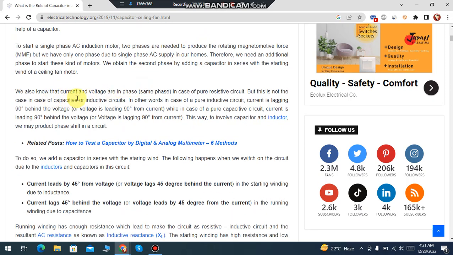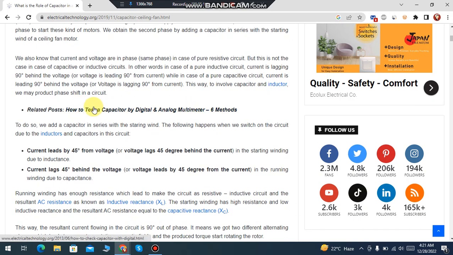We also know the current and voltage are in the same phase in the case of a pure resistive circuit, but this is not the case in capacitive and inductive circuits. In other words, in a pure inductive circuit, current lags 90 degrees behind the voltage, or the voltage leads the current by 90 degrees.